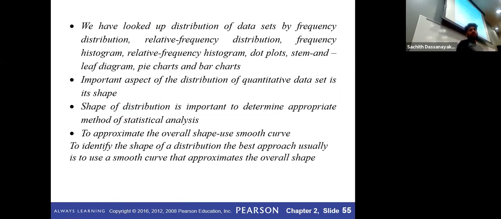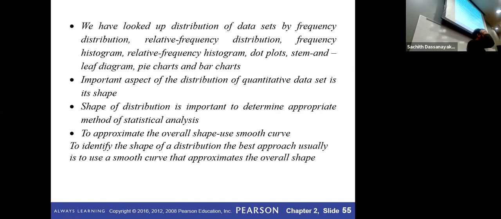First, we discussed frequencies or relative frequencies, dot plots, histograms, stem plots, diagrams, pie charts, bar charts. The shape of those distributions is sometimes important.